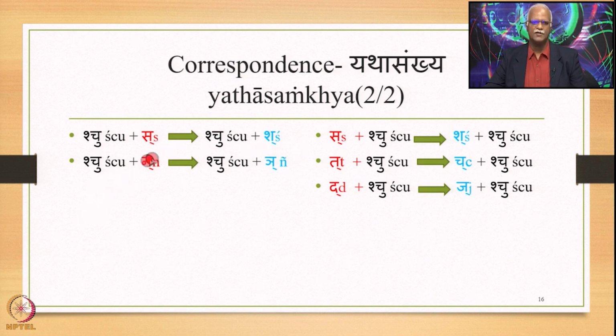Similarly, if we have chu plus na, na appears at the fifth position of the ta varga, and so this na will be replaced by chu plus ya, which is the fifth letter in the cha varga.